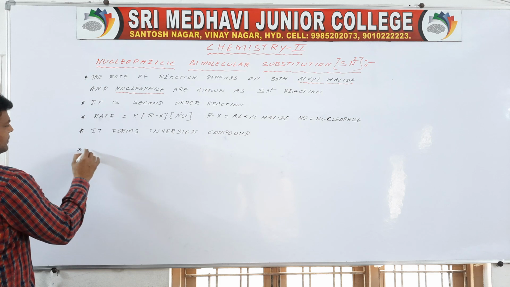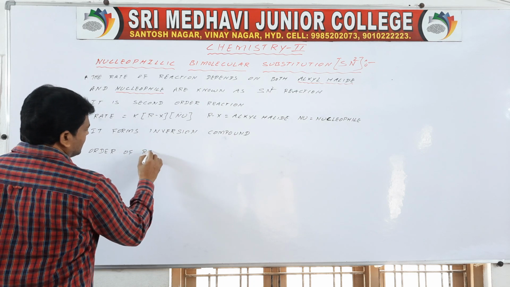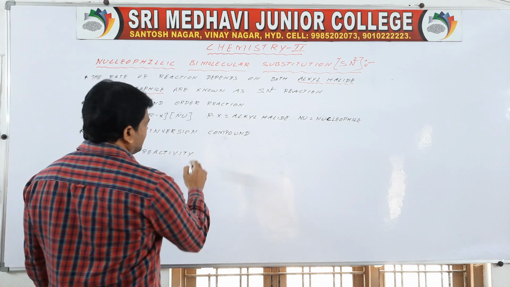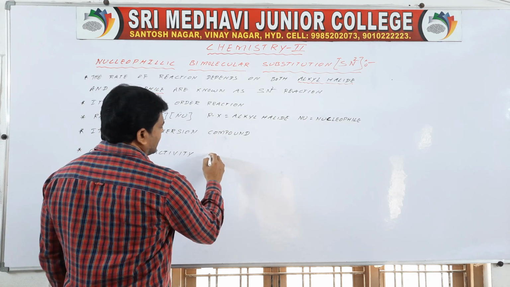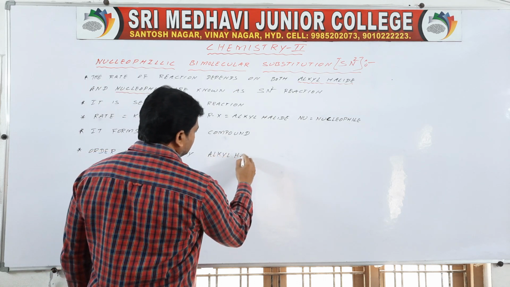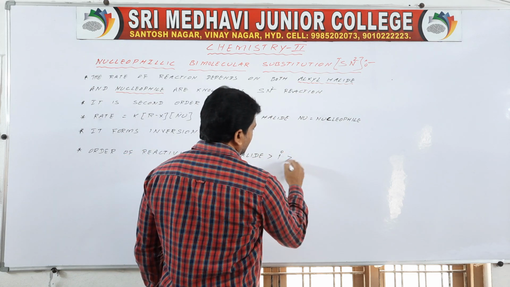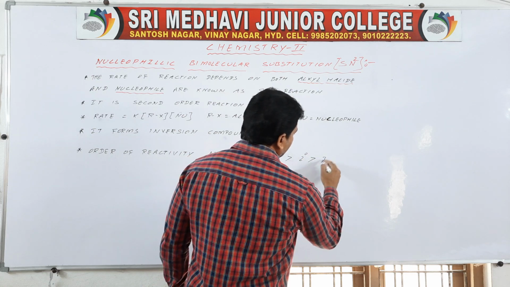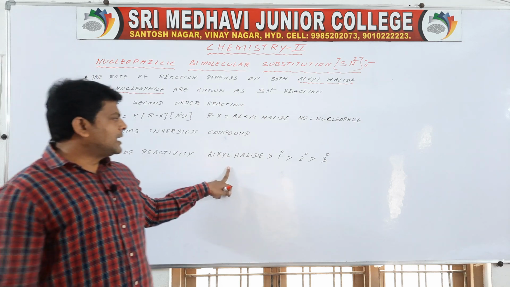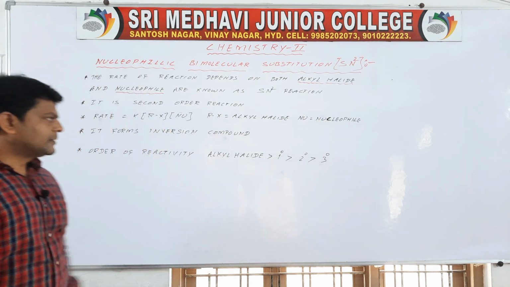So here you have to know the order of reactivity. Methyl halide is greater than primary alkyl halide, which is greater than secondary alkyl halide, which is greater than tertiary alkyl halide. So methyl halide is the most reactive and tertiary alkyl halide is the least.